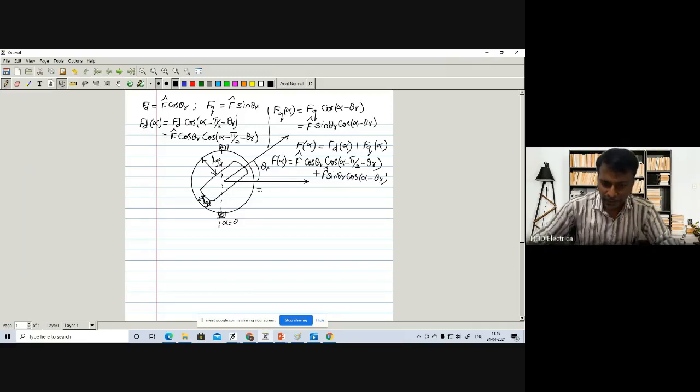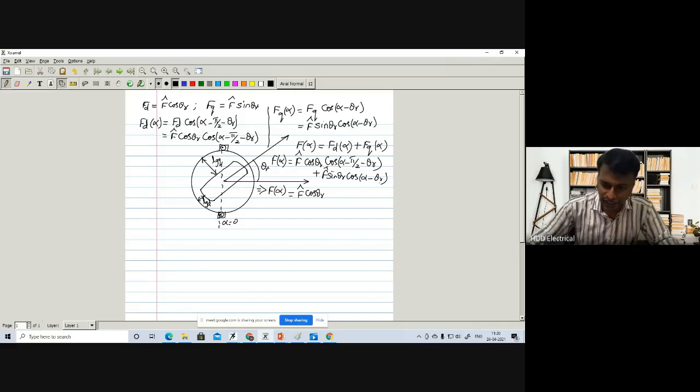Let me substitute these values. Cos of minus theta equals cos theta, and cos of pi by 2 minus theta equals sin theta. Therefore, F alpha equals F cap into cos theta r, cos of minus pi by 2 plus alpha minus theta.